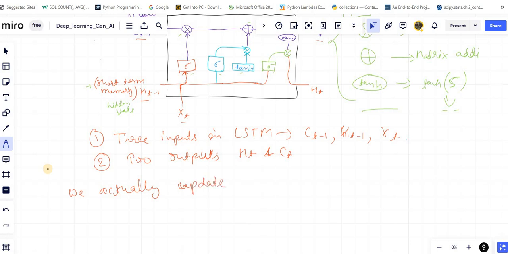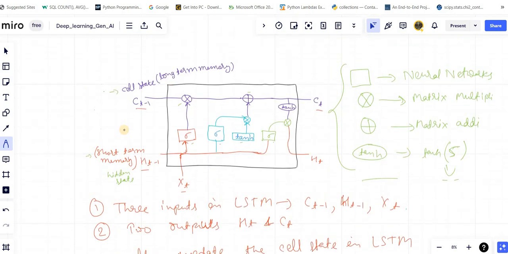We actually update the cell state in LSTM. This is the only task it performs, nothing else. How to update the cell state, and which one is the cell state?